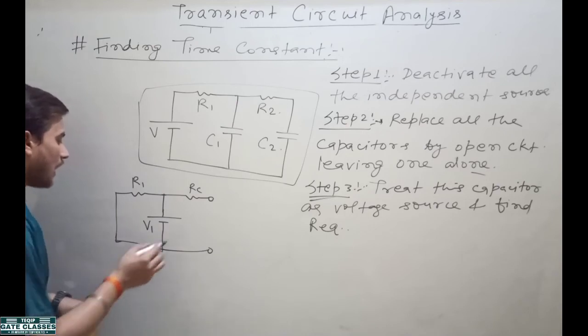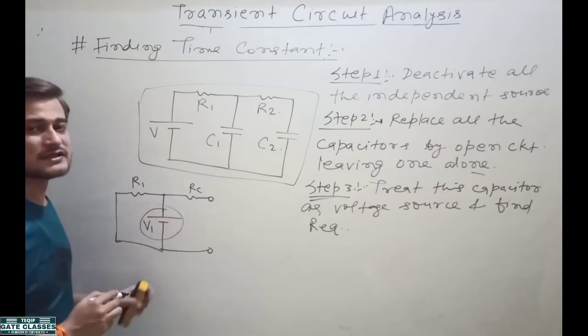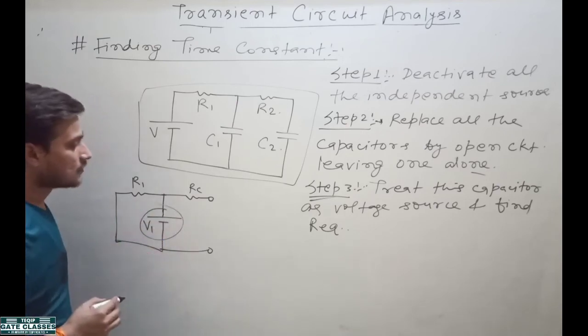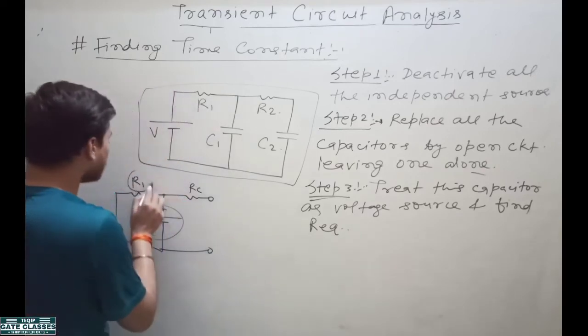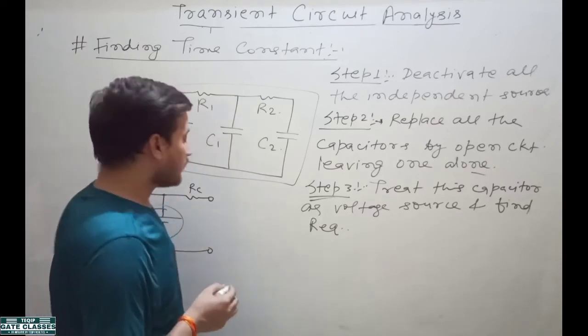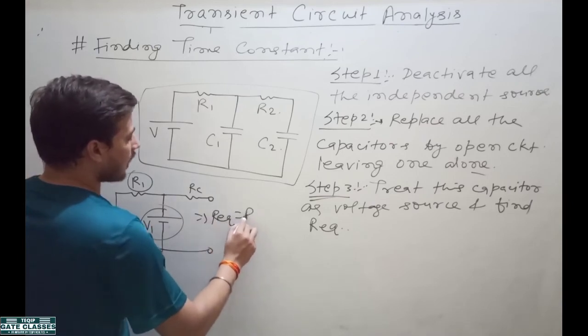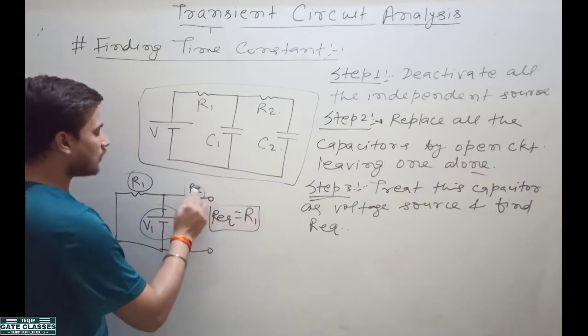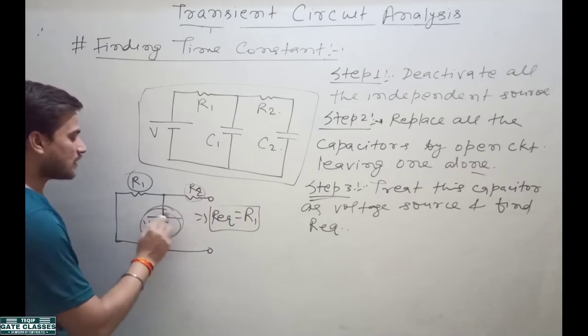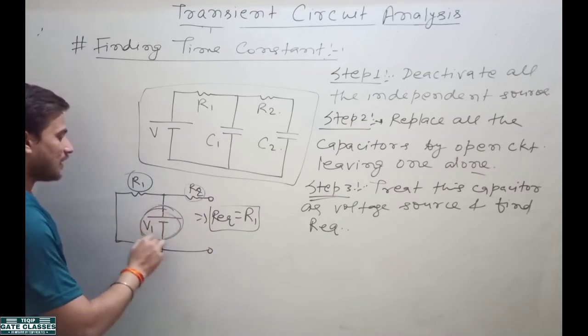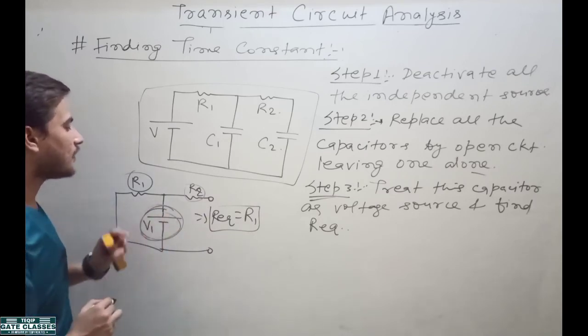Now you have to find the effective resistance for this capacitor. R equivalent will be equal to R1, because this R2 is already open circuited and you have to measure the resistance from here. So equivalent resistance will be R1.